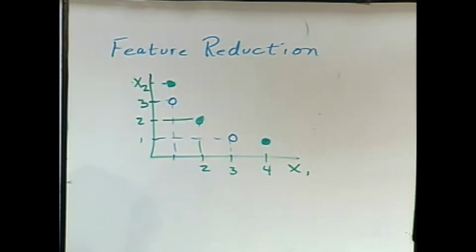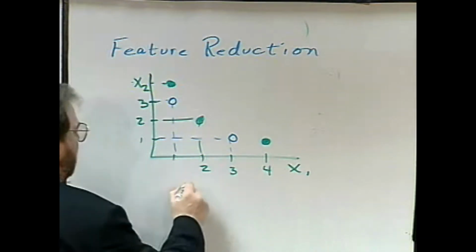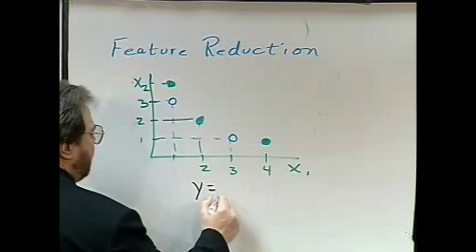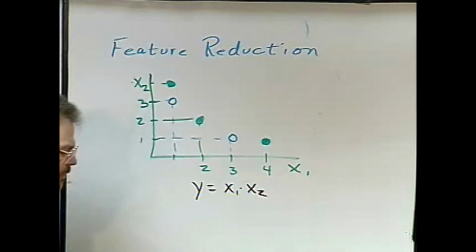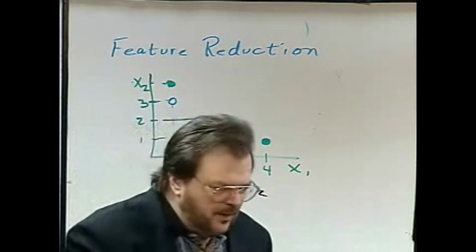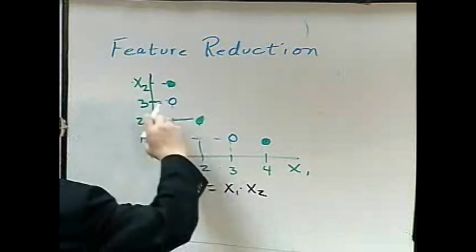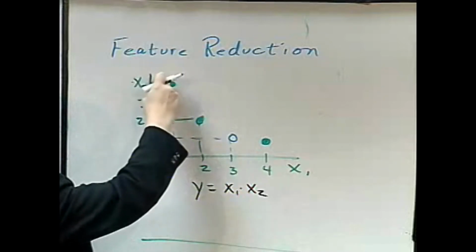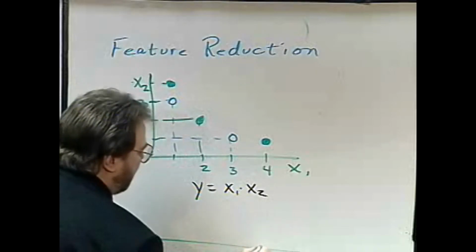There is a method, however, where we can combine these. Suppose, for example, we make a new value equal to x1 times x2. That is, we simply multiply those features together. And we get a new result wherein, and you notice this is clearly cookbook as a pedagogical thing, all of the green things multiply to 4, right?